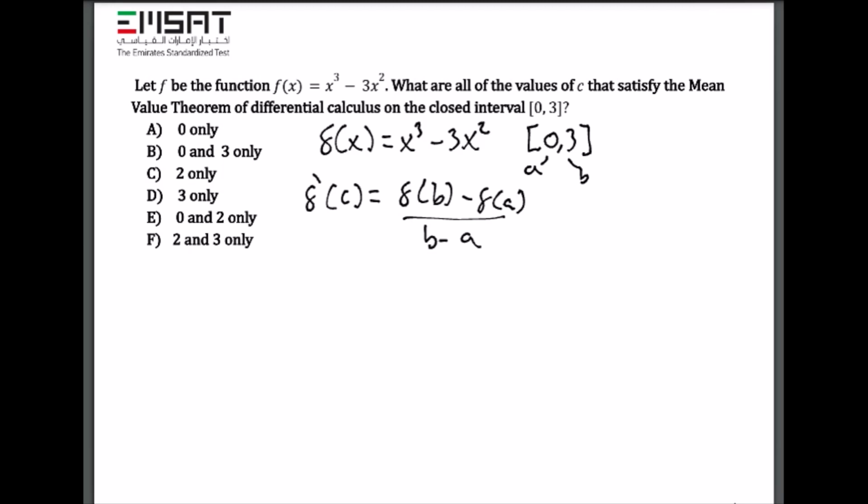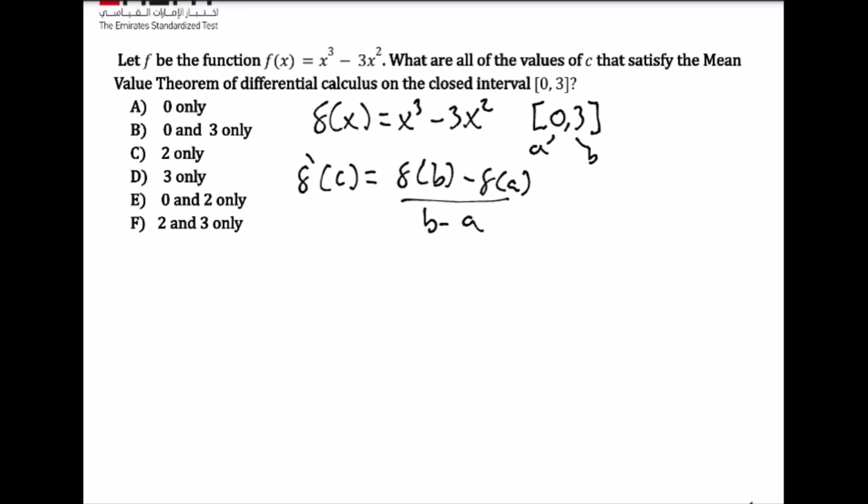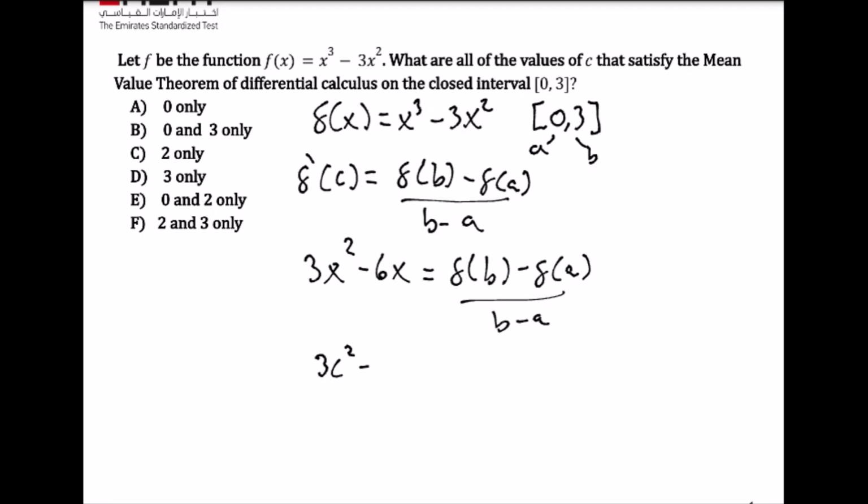So f prime of c is the derivative of the function f of x, which is 3x squared minus 6x, equals f of b minus f of a over b minus a. The first thing, we change x to c, just changing the letter.